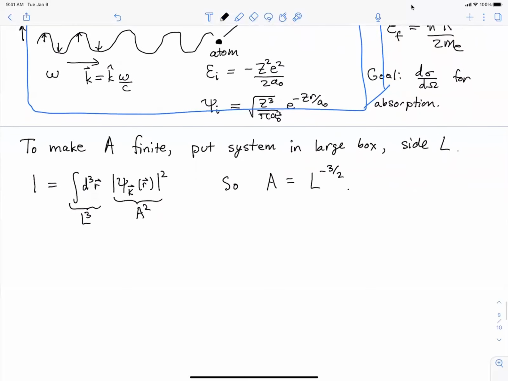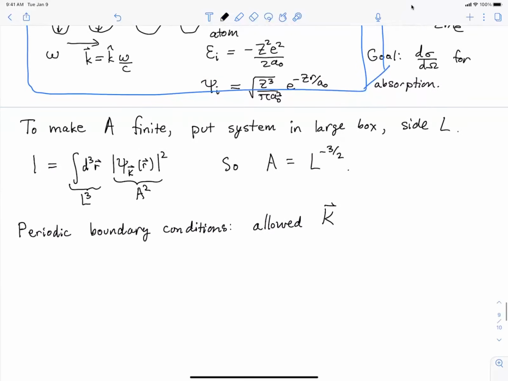The other thing we're going to do is we're going to impose periodic boundary conditions. And we'll see in a moment why we're allowed to do that. So the allowed values of capital K vector are the ones where when we go from one end of the box to another end of the box, the wave function is the same thing.